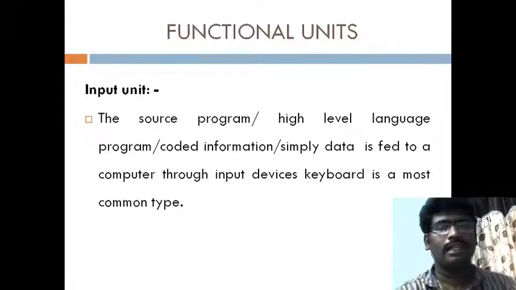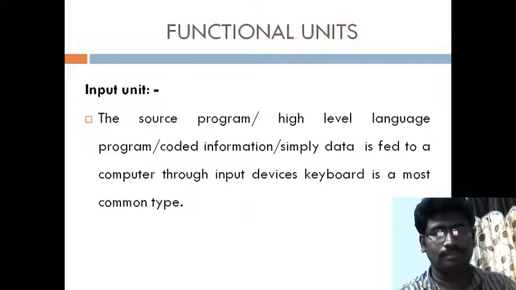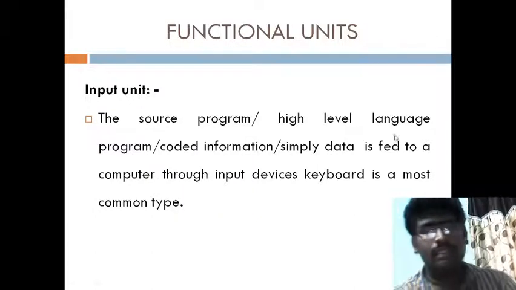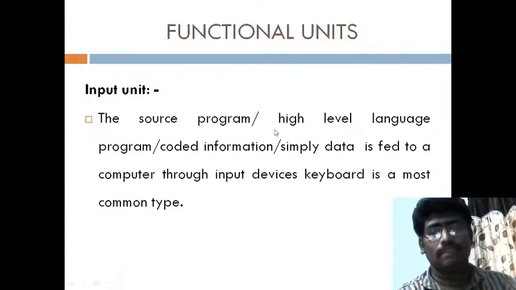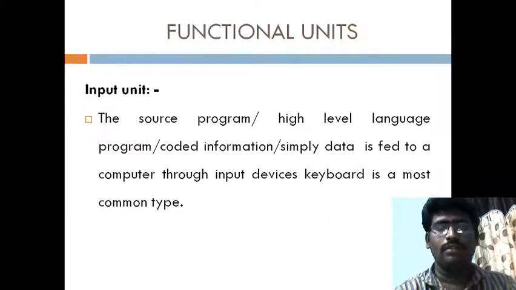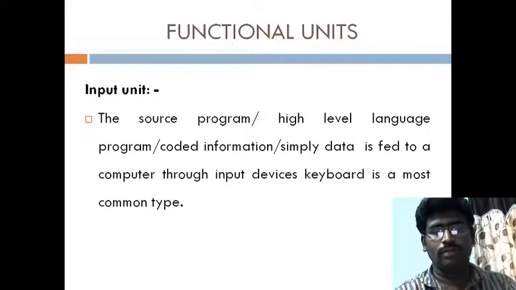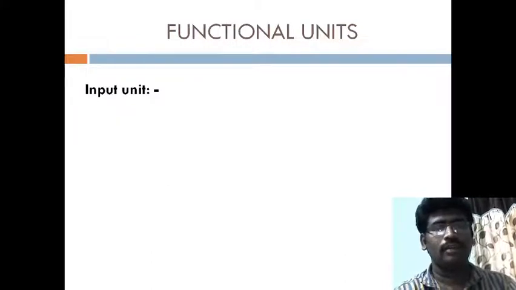So the important thing here is we give input, the computer accepts it, processes it, and finally produces output to the user. The source program or high level language program or coded information is fed to a computer through input devices. Keyboard is the most common type, so we usually give input through input devices like a keyboard or mouse.